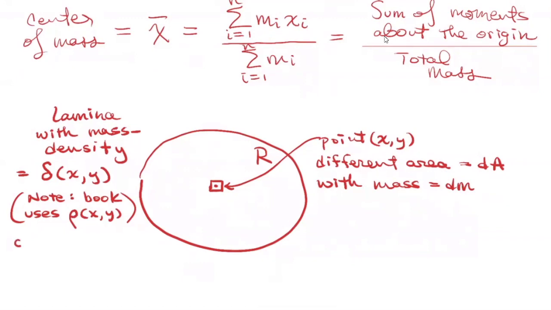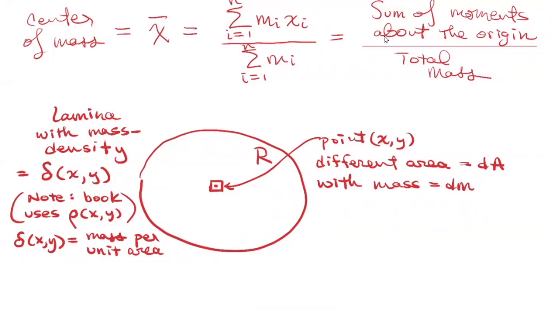So delta of xy is mass per unit. I said volume, but right now we're doing planar laminas. So this will be mass per unit area right now, and later on it'll be mass per unit volume.